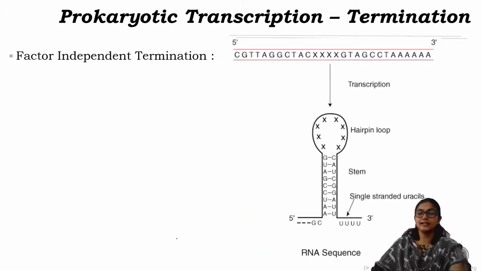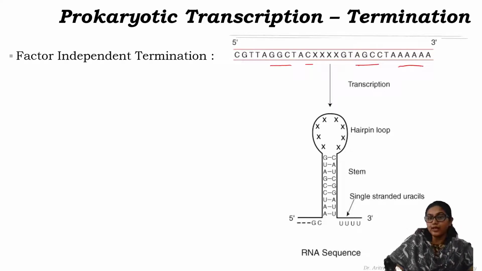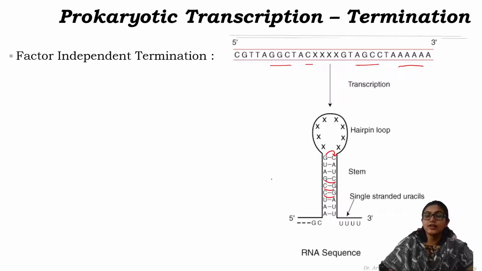So basically, let's see, this is the sequence in the template strand which is rich in GC, followed by a poly A tail. Now in the mRNA strand, this G is making a bond with the C. So this is the side effect of having a palindromic sequence.